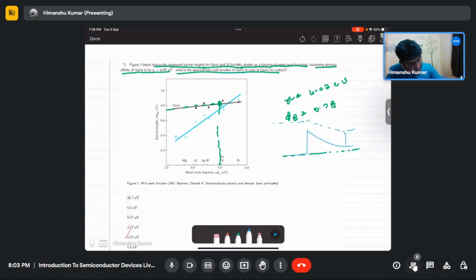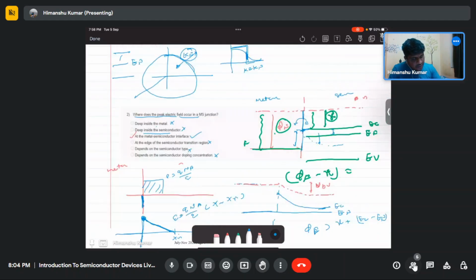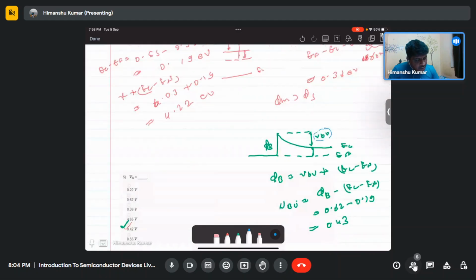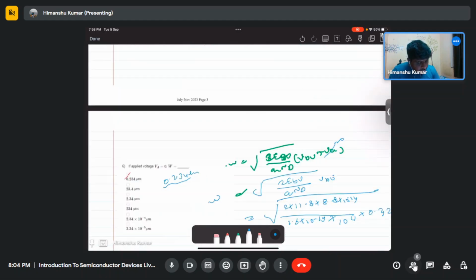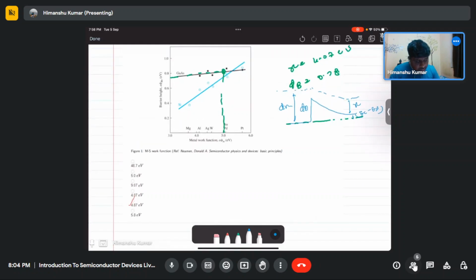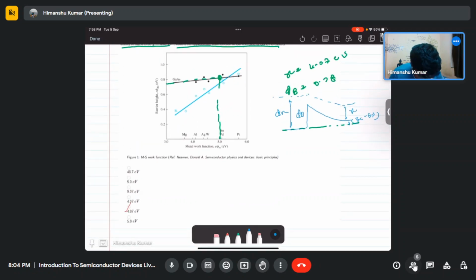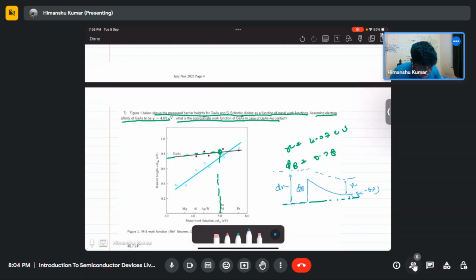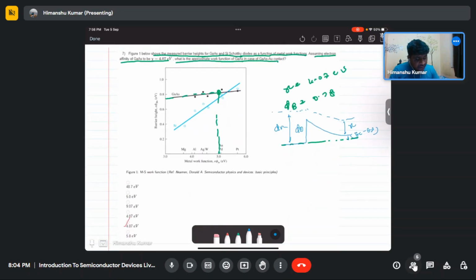So this is chi and this is EC minus EF, and this is our phi m, and this is phi b. Now we are provided phi b, so the barrier height we are given.